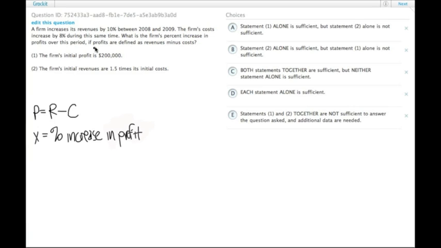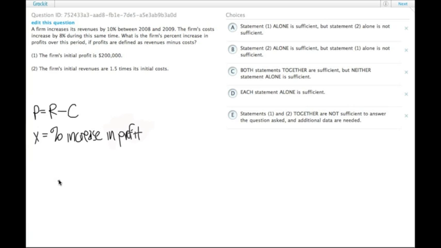Okay. So again, in order to solve for this, we're probably going to need some more numbers, right? Because we have multiple variables. We do know initially, though, we can set up an initial equation.